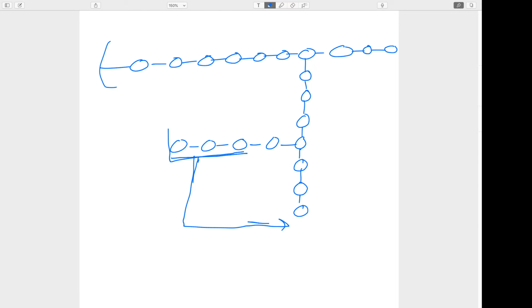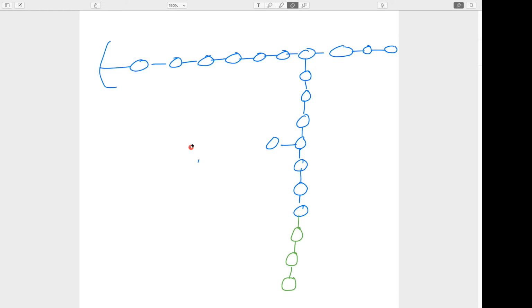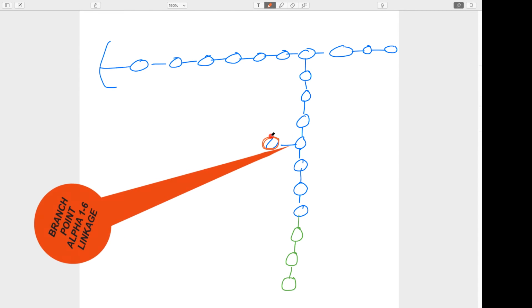Suppose to differentiate, I will mark this point here. I just transfer it. Once I transfer it, I get it like this and like this. Once the transferring takes place here, the 1,6 branch point is exposed.